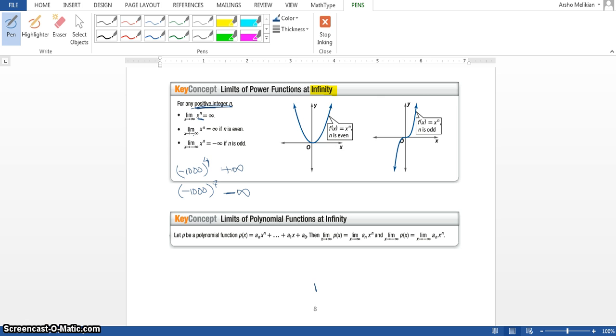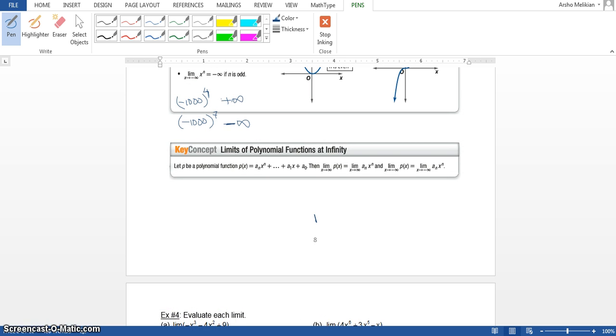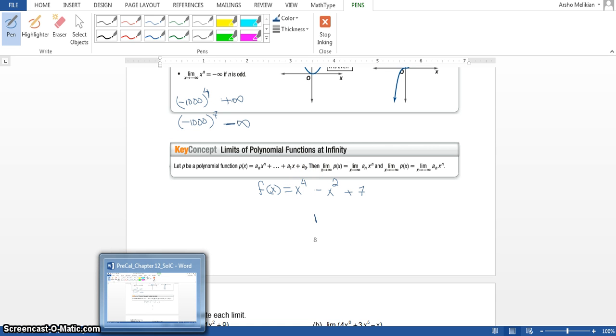Now, at infinity, suppose you have a function that looks like this. F of x is equal to x to the power of 4 minus x squared plus 7. Okay? Now, when you're in the realm of the infinities, so when you're at x equals 1,000,000, first of all, 1,000,000 to the power of 4, that's a huge number.